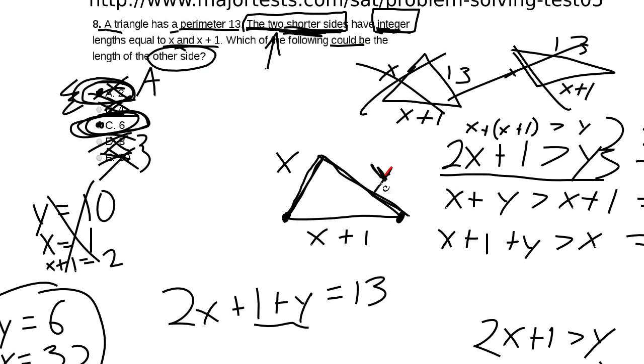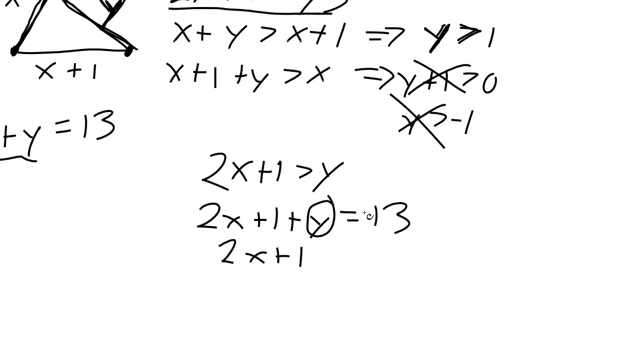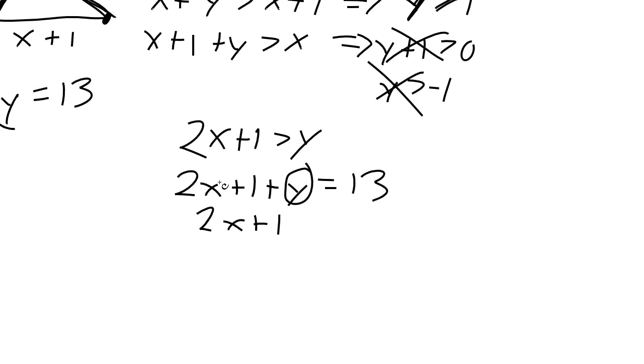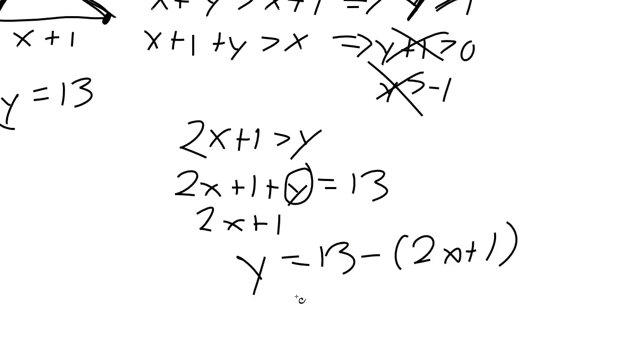I made up y as my variable for the third side. So it'd be kind of nice to get rid of the x's here, and I can say y equals 13 minus (2x plus 1), which equals 12 minus 2x.